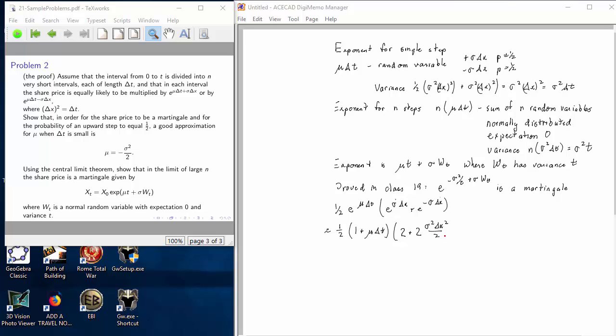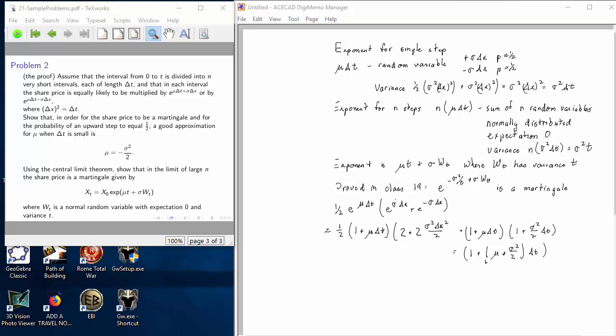And you say, what are you doing keeping terms in delta x squared? I have to do that because delta x squared is equal to delta t. So what have I got? I've got 1 plus mu delta t times 1 plus sigma squared over 2 delta t, or 1 plus mu plus sigma squared over 2 delta t.